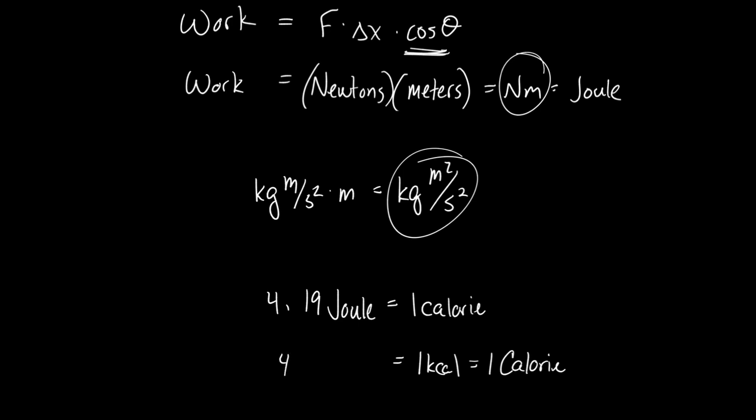So 4,190 joules is equivalent to the food calorie. So if you ate a 200 calorie candy bar, you would have to push on a box for a long ways to get rid of all of those calories, right? You can see the mechanical equivalent. How do you think those treadmills and those workout machines in the gym tell you how many calories you're burning?